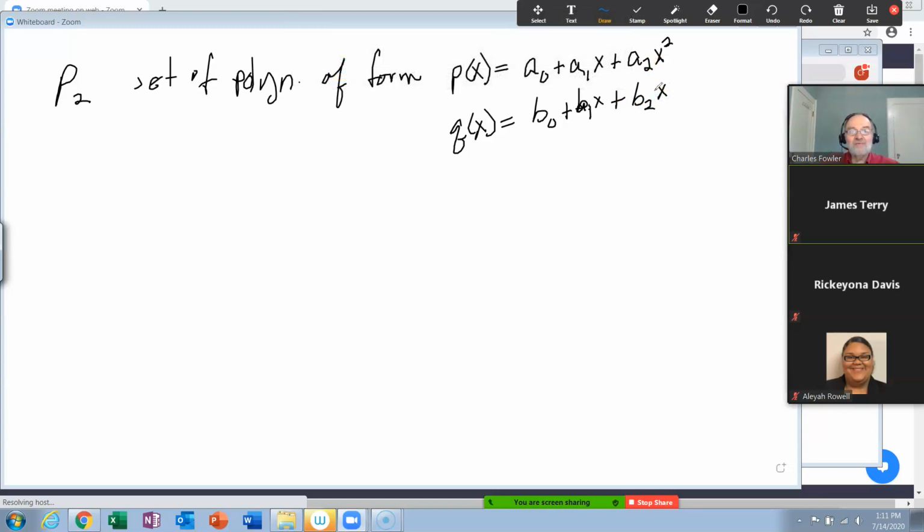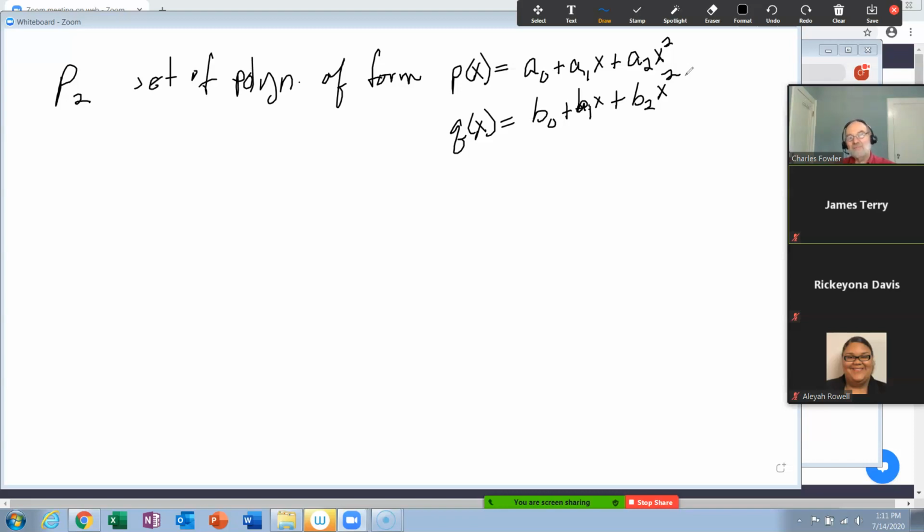If you were to add those two together, you still get a polynomial of degree 2 or less. You can't add them and somehow get an x cubed. So that would be closed under polynomial addition.